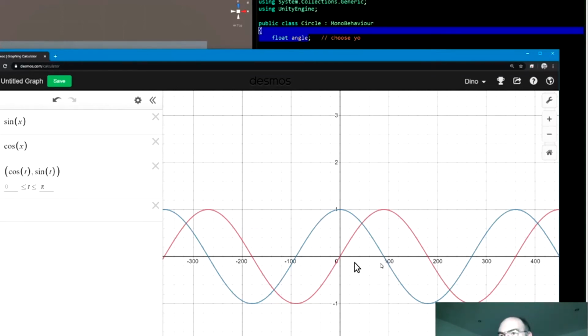Degrees go from 0 to 360 for historical reasons. Probably goes back to the Mayan culture, the fact that there are approximately 360 days in a year. But 360 is just a number pulled out of the air. And as you plot this graph, you can see it crosses here.